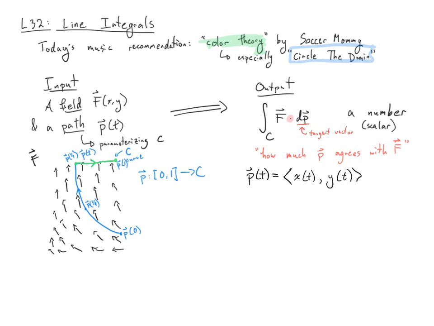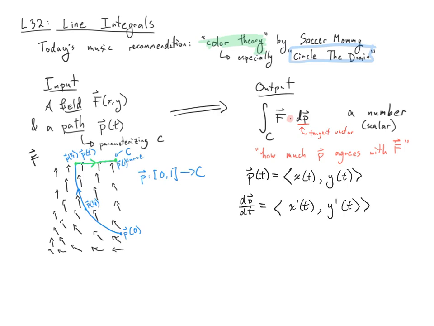Then if we take p prime, it would be like taking derivatives with respect to t at each time. So that would look like x prime of t, y prime of t.